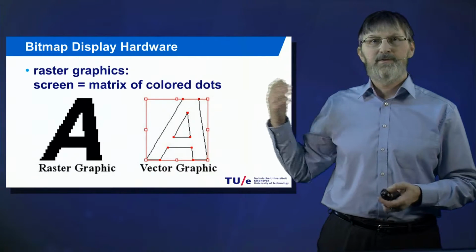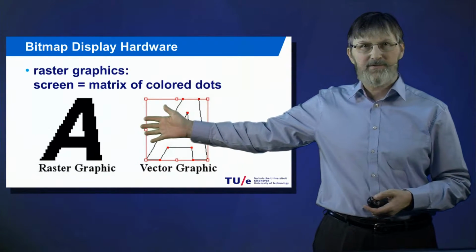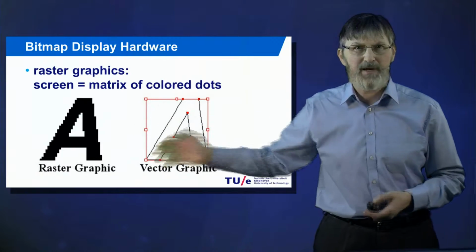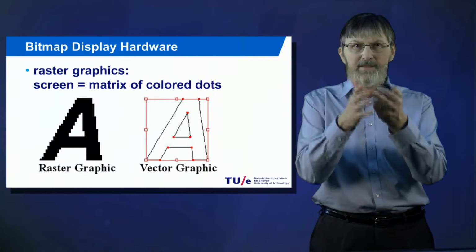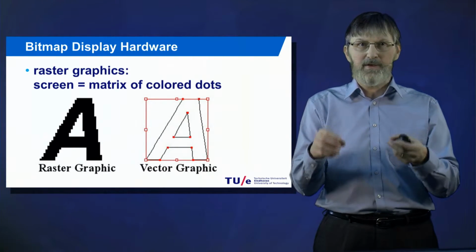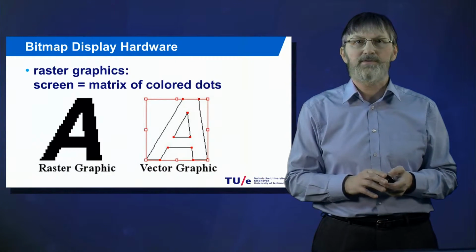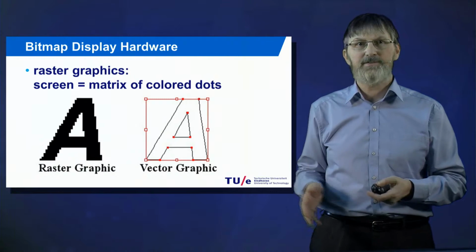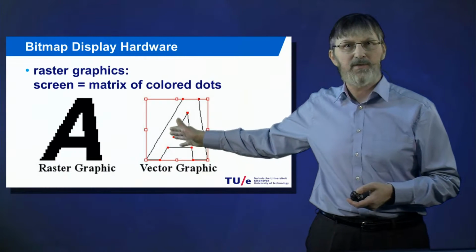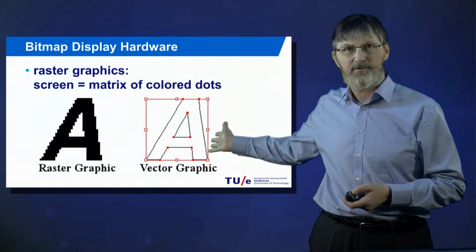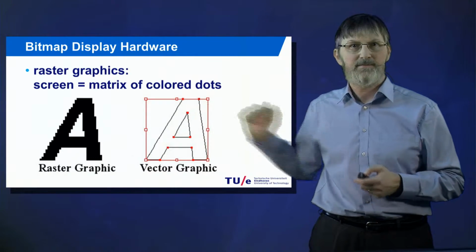On the left, you see what we have in raster graphics. In raster graphics, the letter that you see here is built up with small blocks. It's just like building it with Lego blocks. The edges of the letters are not smooth like they are in the vector graphics display on the right.